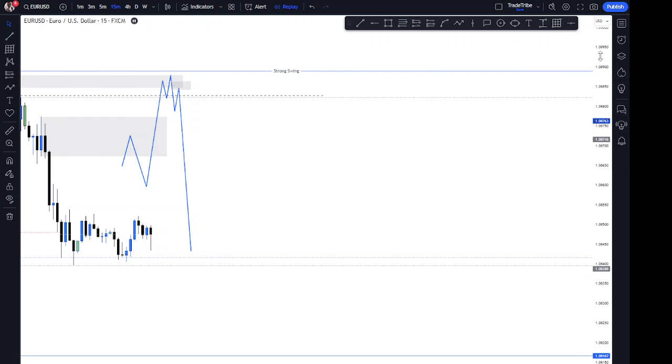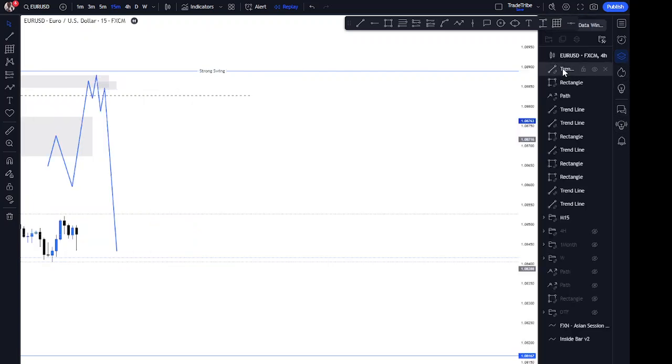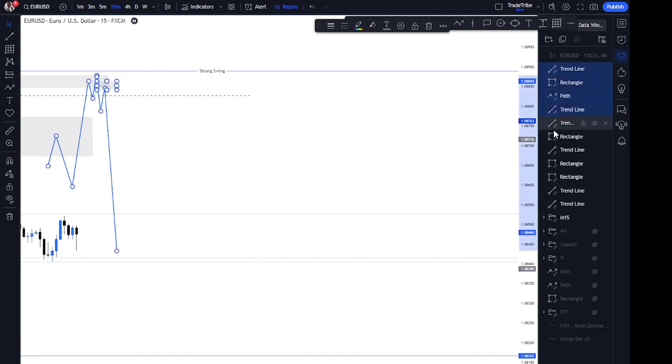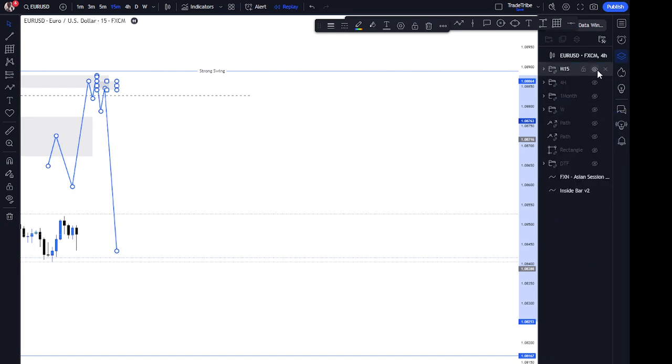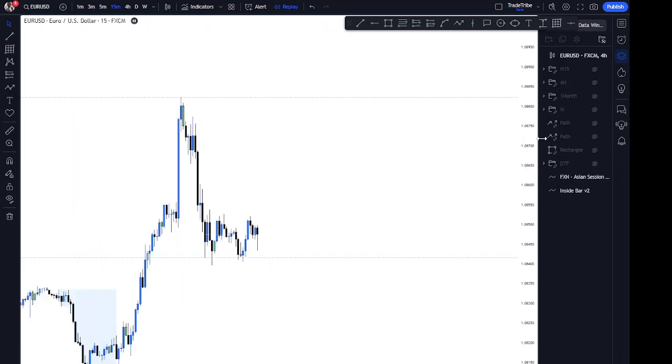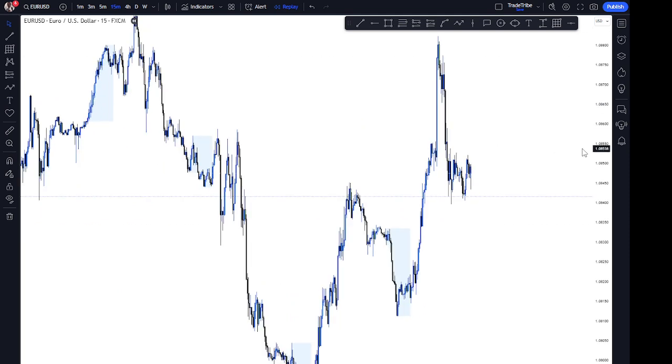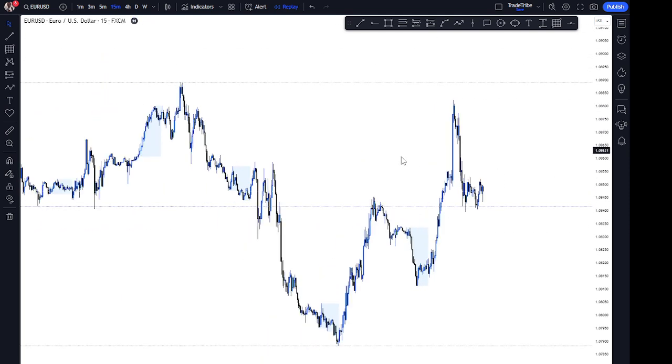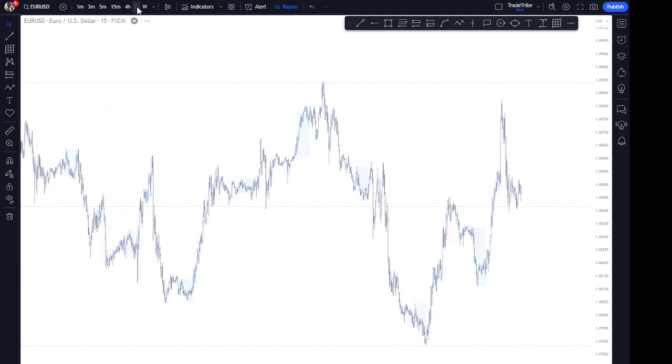That's why, let me show you for instance. But let me first save this one here. I'll put them on M15. So that's okay, let me show you. You see my chart is very clean, even if I go to the daily time frame.